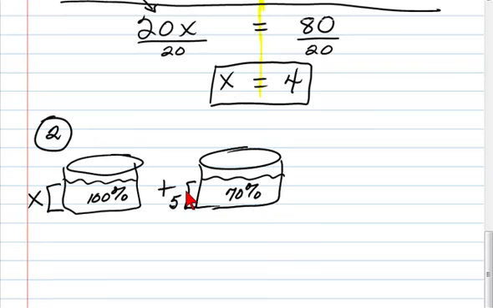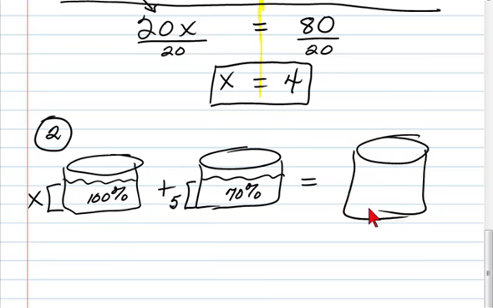All right, so how much pure acid should be mixed with 5 gallons of a 70% solution to get a 90% solution? So I need to make this solution a lot stronger.